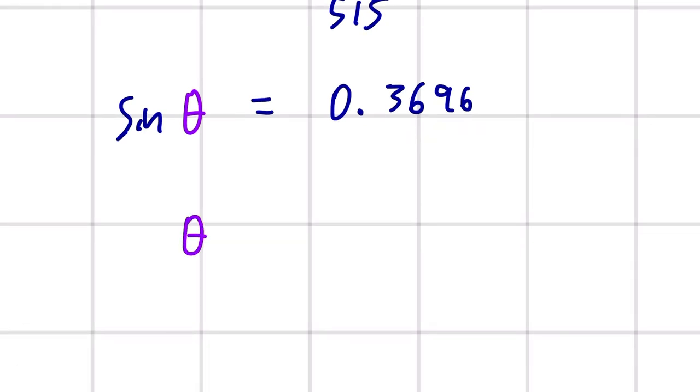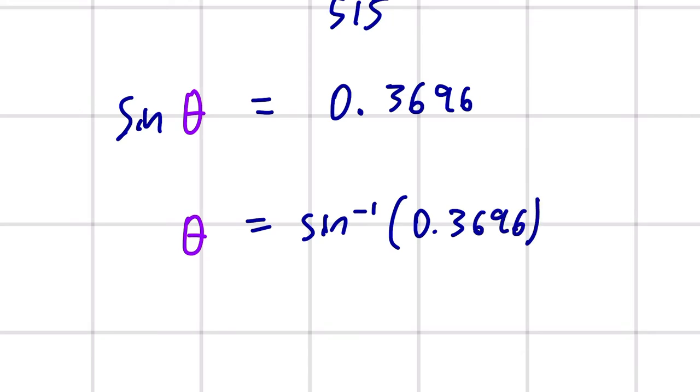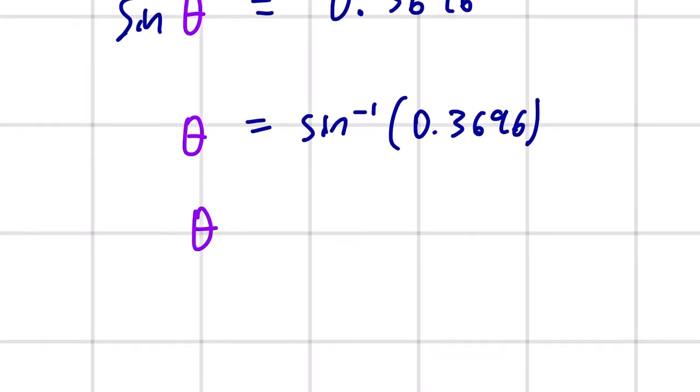So that tells us that theta is equal to the sine inverse of 0.3696. Typing this into your calculator, remember to be in degree mode, is equal to 21.69 degrees.